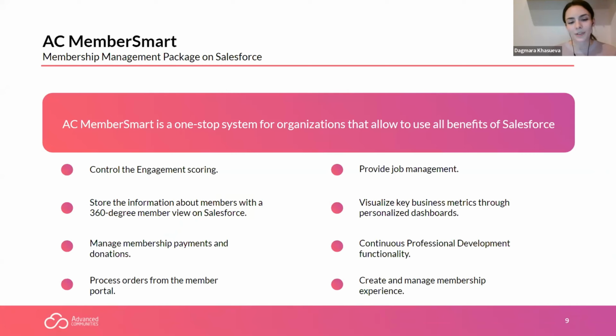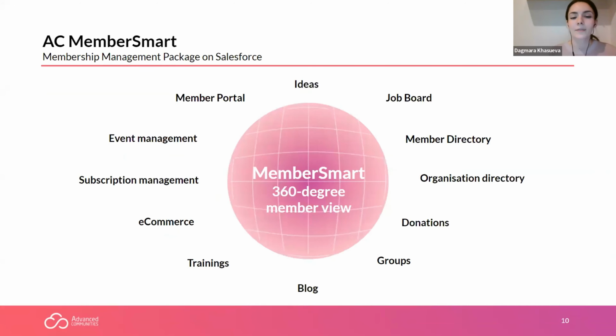Salesforce is a perfect platform for managing every aspect of your organization. But having lots of experience working with membership organizations, we can tell that there are features specific to membership organizations that Salesforce doesn't support out of the box. That is why we created our product.